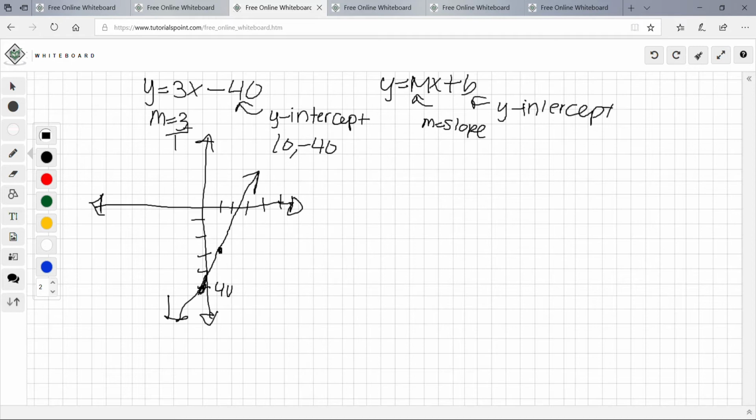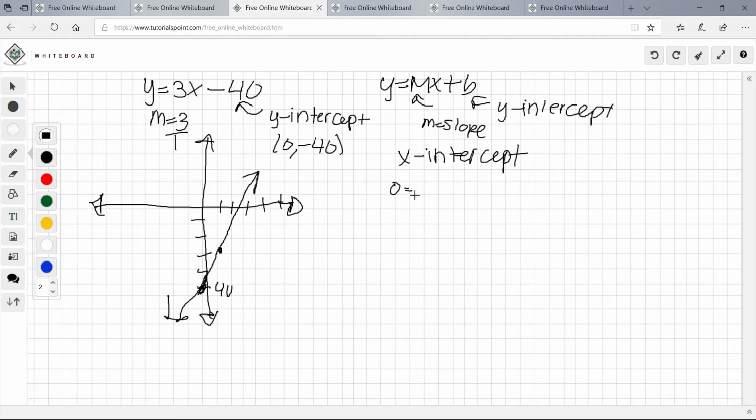Or if you are really lazy, all you need is 2 points to graph a line. So we know 1 point, which is our y-intercept, is 0, negative 4, and the other point we need is the x-intercept. We find the x-intercept by plugging 0 into y, so wherever there's a y you plug in 0.